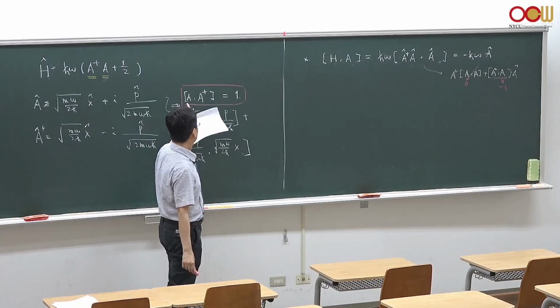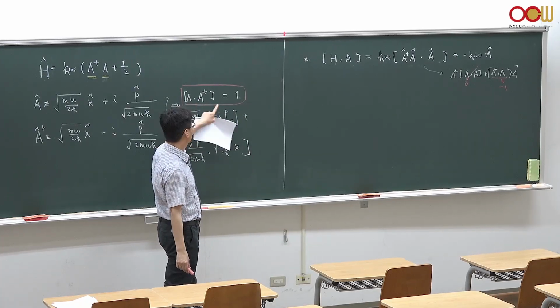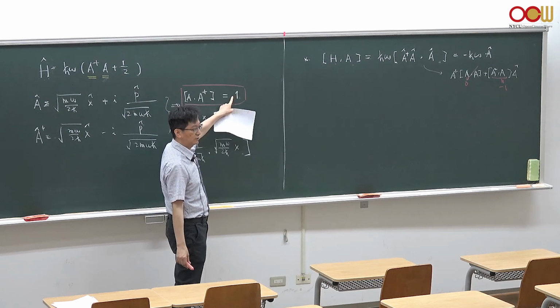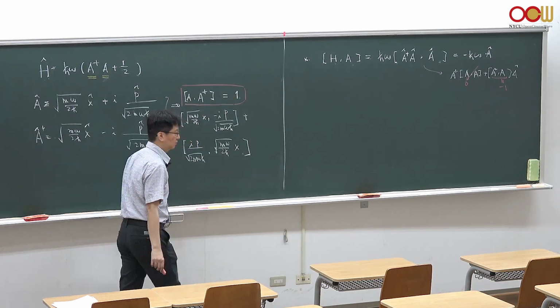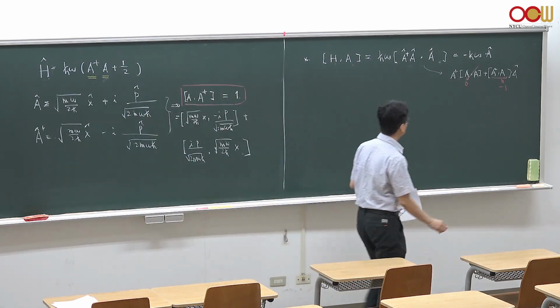So if you change the order between A and A dagger, remember you need to put in the extra minus sign. So this is minus 1.